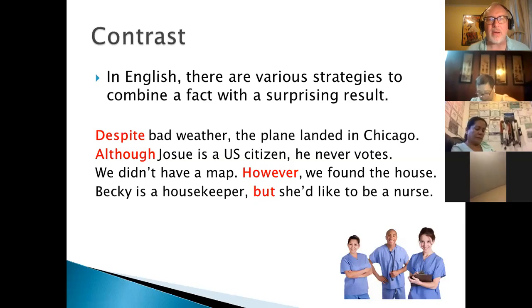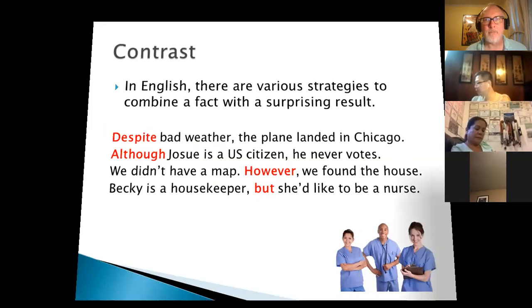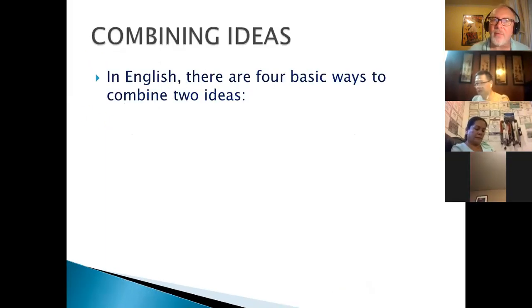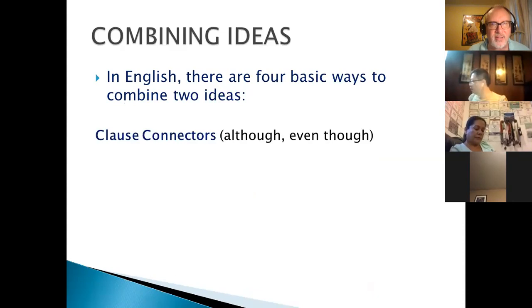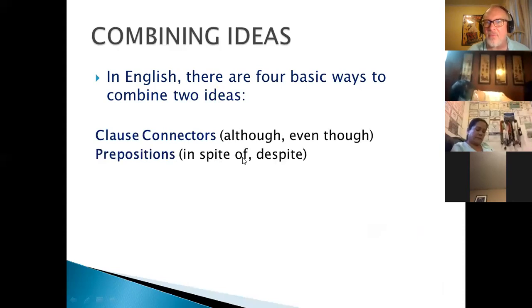Let's take a look. But remember, just like with cause and effect, we're going to use the same four ideas. Clause connectors: we're going to use the words although or even though. Prepositions: we can use the phrase in spite of or the single word despite.